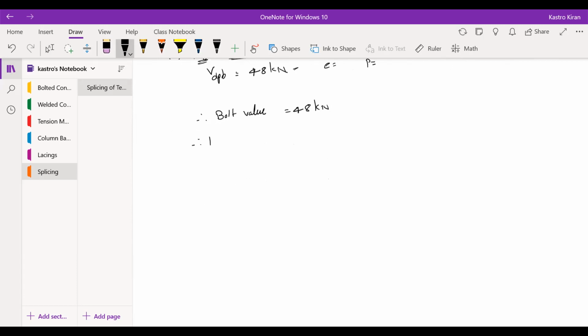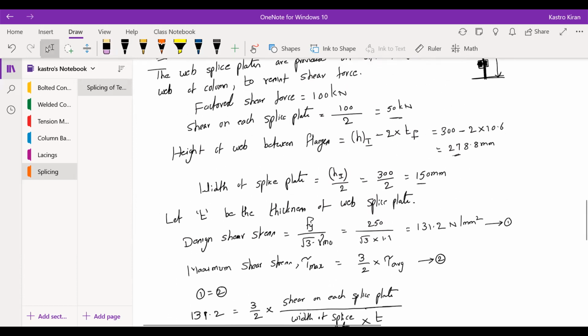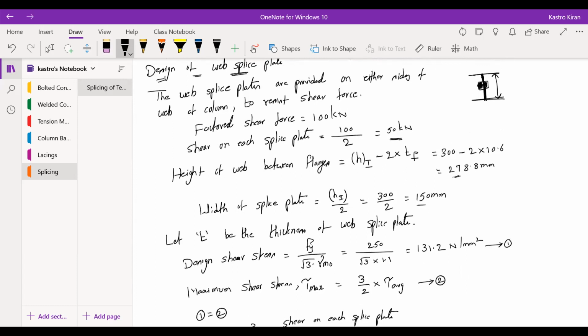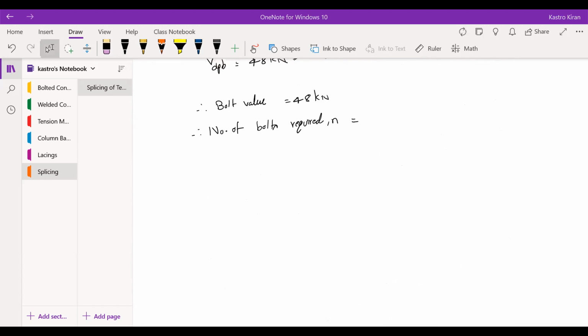Therefore, number of bolts required, N equals factored load by bolt value. Here the factored load is the load coming onto each splice plate, which is 50 kilonewtons. So 50, the factored load, by bolt value, which is 48.